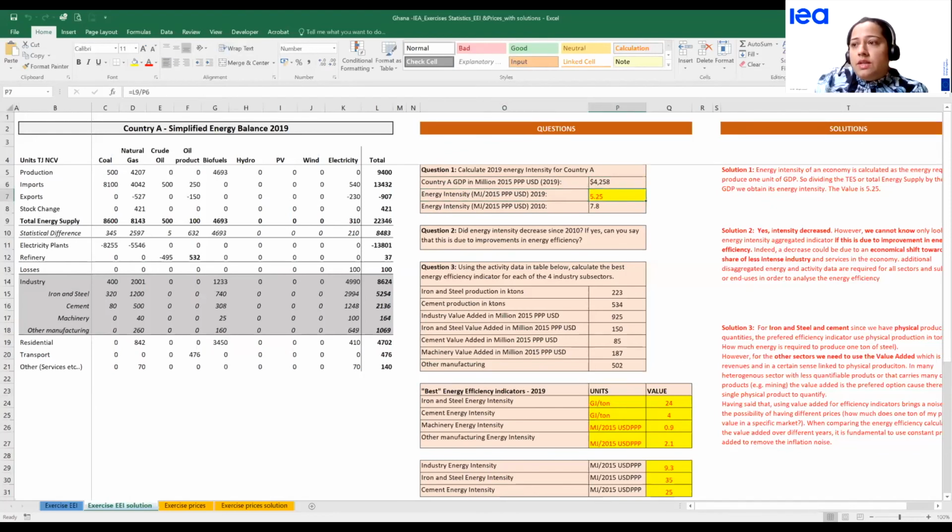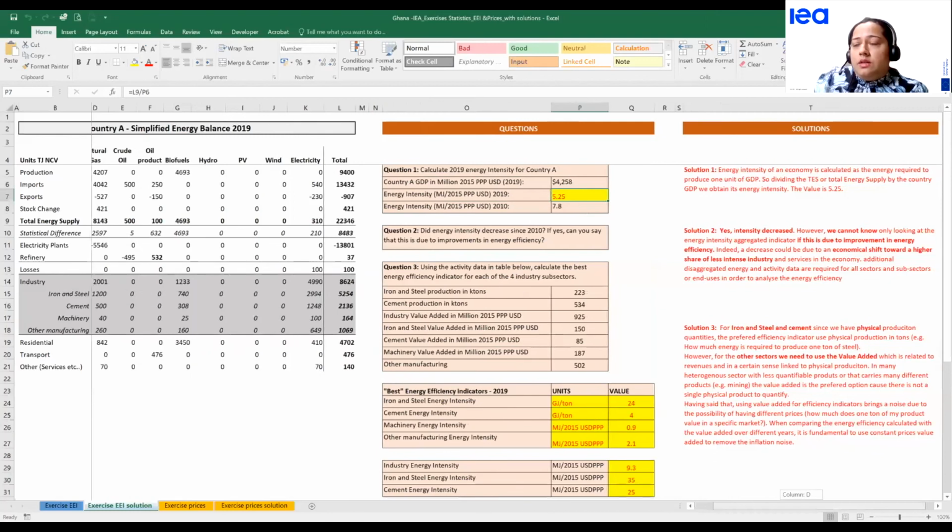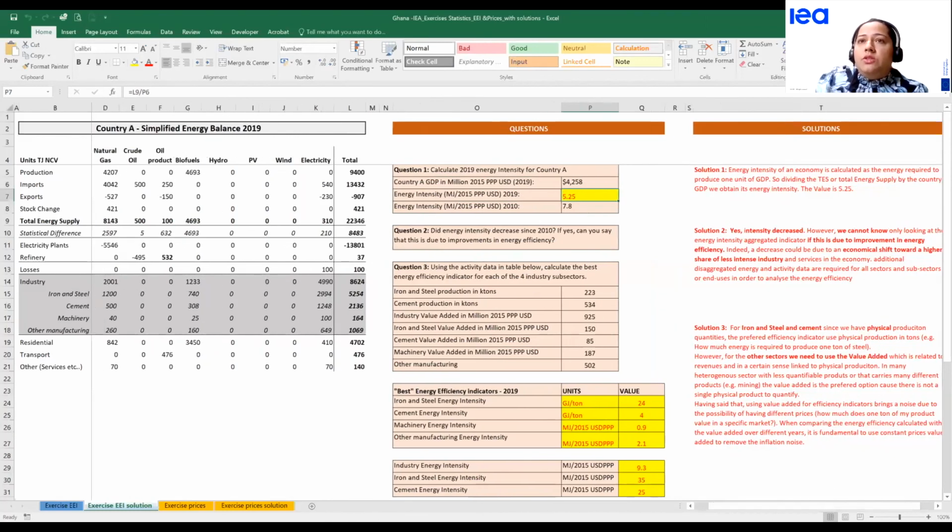You're asked to calculate the energy intensity for 2019. So energy intensity is calculated as the energy required to produce 1 unit of GDP. So here, to make the calculation, you take your total energy supply here in the cell L9, and you divide it by your GDP, which gives you 5.25.